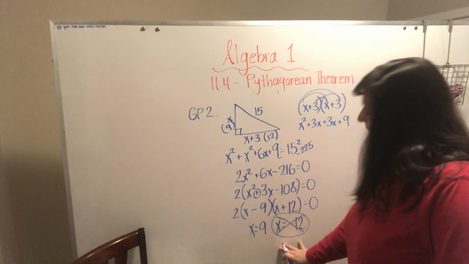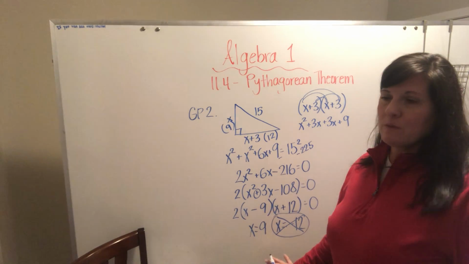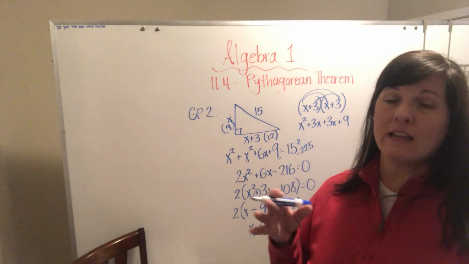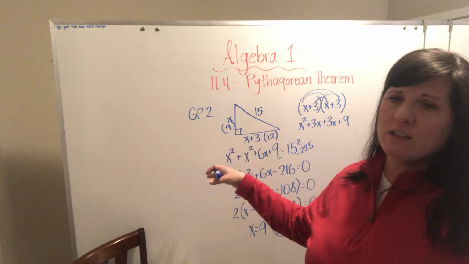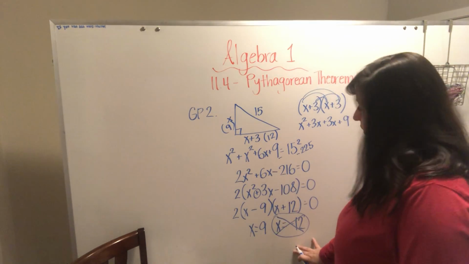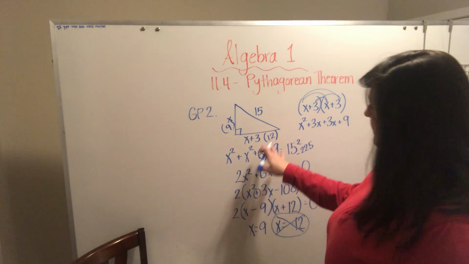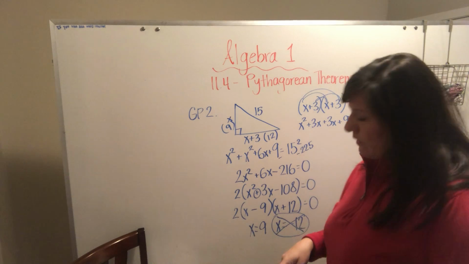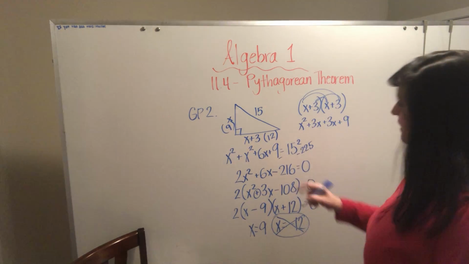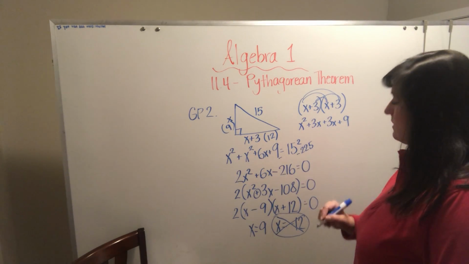You will have to try these. Last chapter you learned that they're called extraneous solutions. Sometimes you will have solutions that don't fit into what your scenario is. Negative 12 is one of those numbers. It does happen that this turns out to be 9 plus 3, and you get 12 for your values here. So it would be 9 inches and 12 inches.